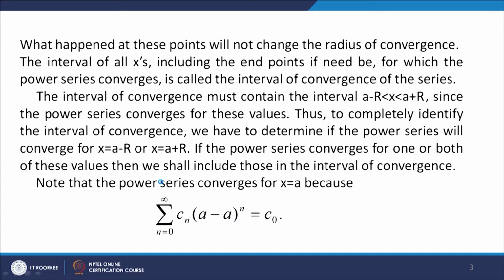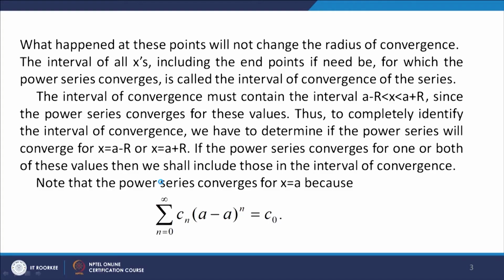So, if the power series converges for one or both of these values, then we shall include them in the interval of convergence. Now, we can see one thing, that the power series always converges at its center, that is x equal to a, because if you put x equal to a in the series expression sigma n equal to 0 to infinity Cn (x minus a) to the power n, you see that except the term C naught, all other terms vanish.